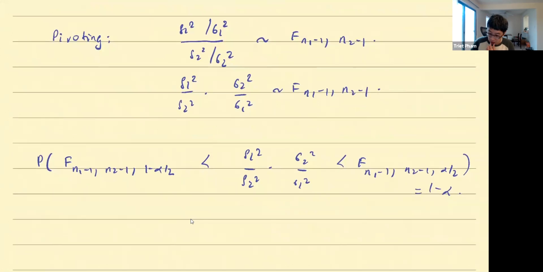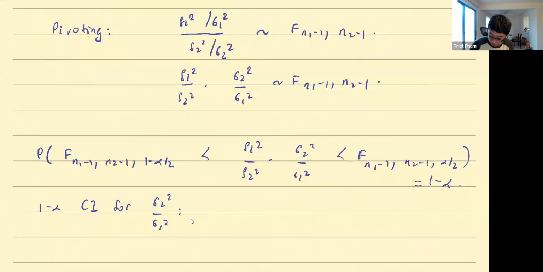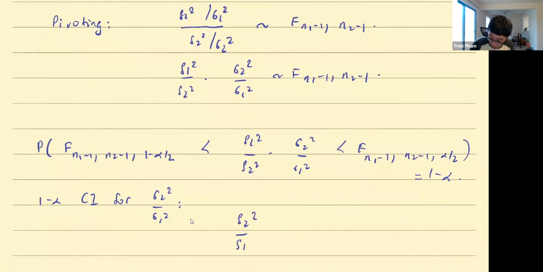Okay. So I guess here then, unlike the promise, we are looking at the confidence interval for sigma 2 over sigma 1. But actually the other way, you can just flip it. So what this means is that the 1 minus alpha confidence interval for sigma 2 square over sigma 1 square would be S2 square over S1 square times F. And let me use small f, in the convention that the quantile should use a lowercase letter.